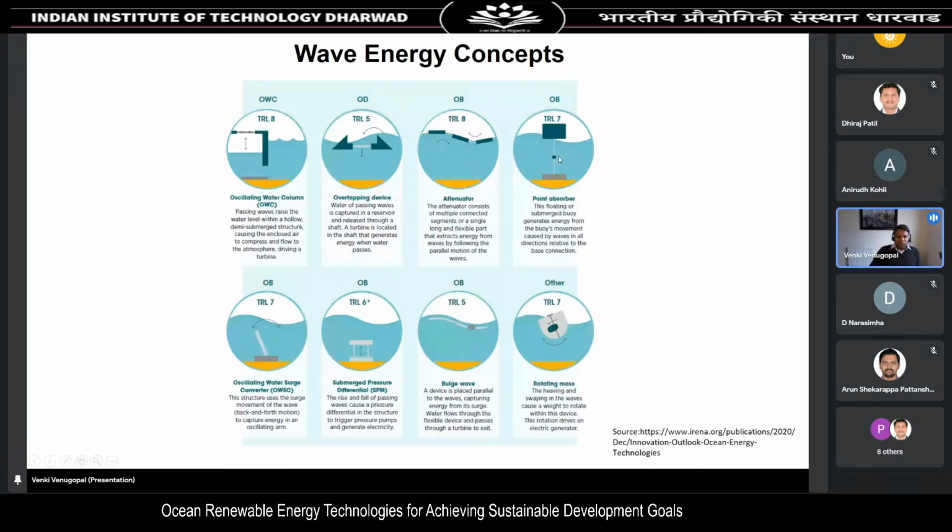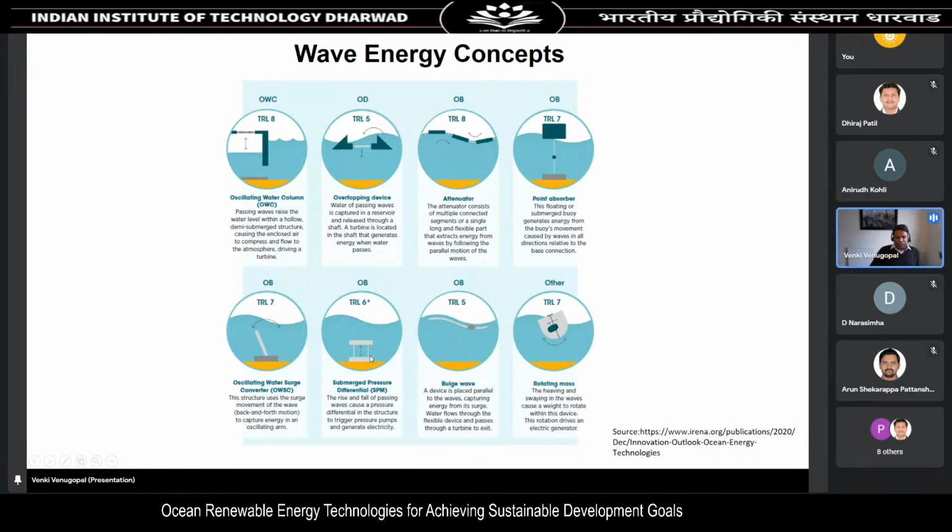And this is an oscillating water surge. This is like a flap moving left and right. And when a pump is connected to the flap, it pumps out high pressure water to the shore. And when you have a turbine facility in the shore, then high pressure oil rotates the turbine producing electricity.